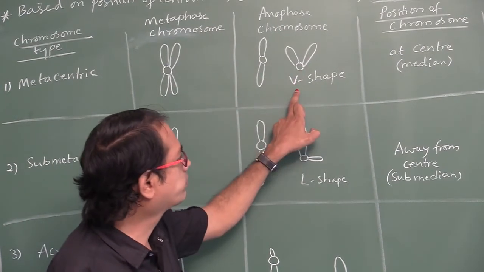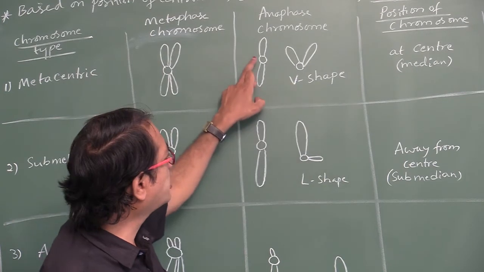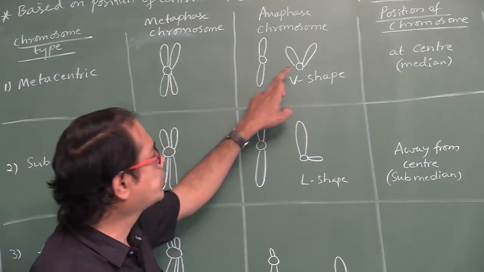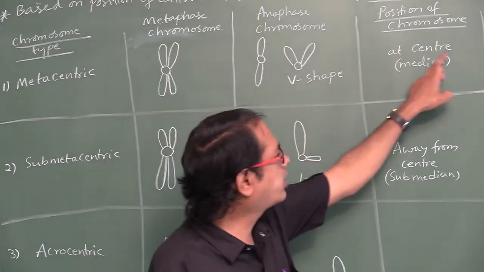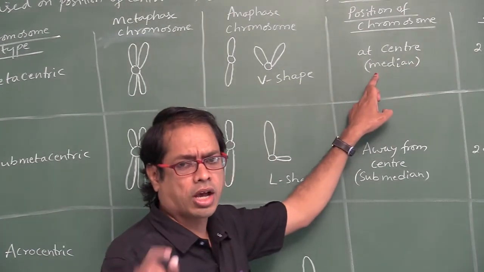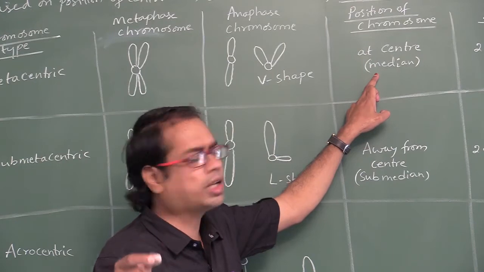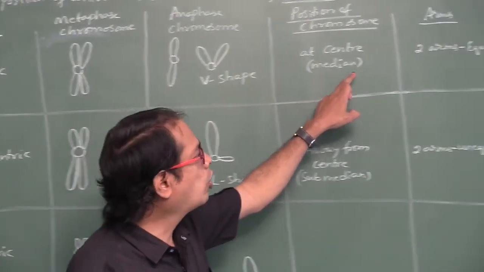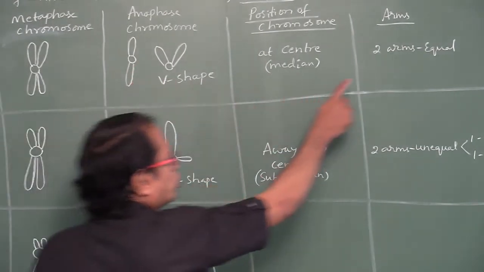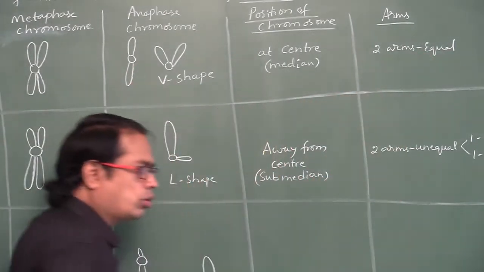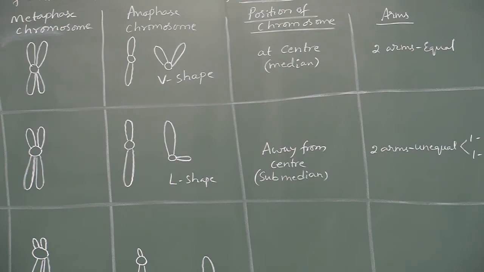V shape. So, centromere is at center of the chromosome, at median. How many arms are present? This is 1 arm, this is another arm. 2 arms which are equal are found in metacentric chromosome.